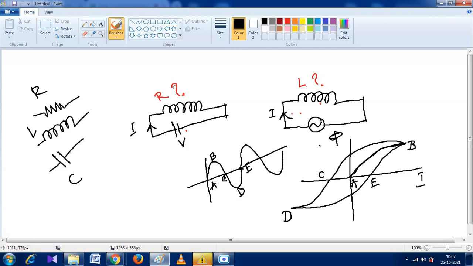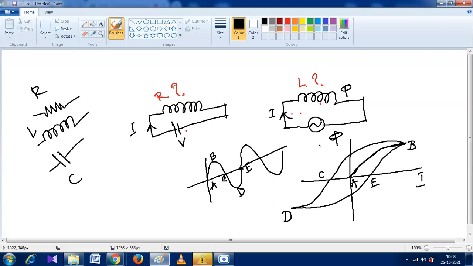Point A, yes. Then the current is increasing and goes to B, then C. If the current is increasing, then the value of flux is also increasing, because flux will be generated in that coil.